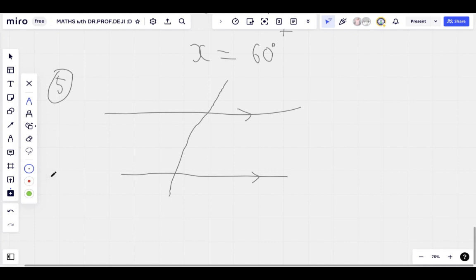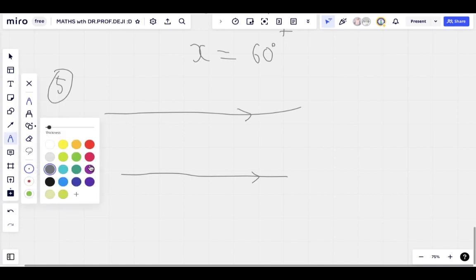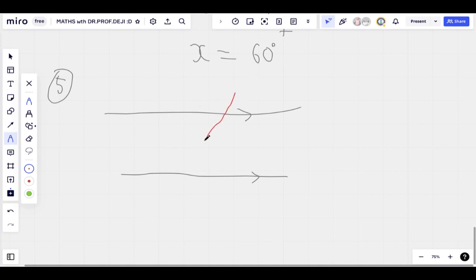Let me erase. I draw a line across the parallel lines, then we look at the angle here. Let's say I call it angle A.